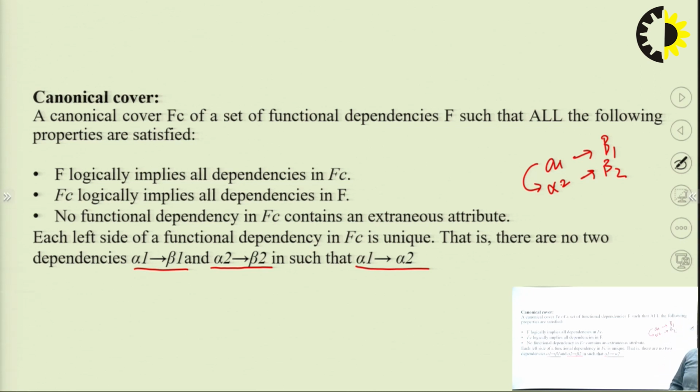If it exists, then it will surely give you an extraneous attribute.